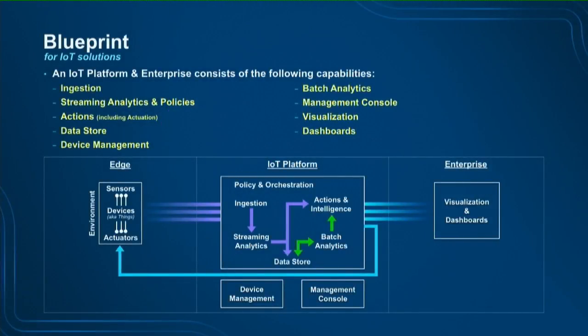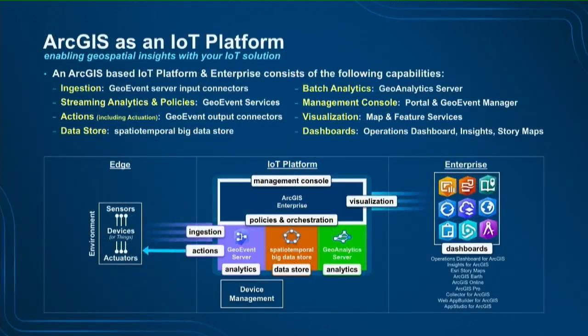And if you summarize this, there's 9 or so categories of capabilities that an IoT platform needs to bring to bear to call itself an IoT solution. And so if you map this to our ArcGIS platform, we actually do a pretty decent job to handle most of these capabilities. So from an ingestion perspective, we allow input connectors in GeoEvent Server to bring data in from a real-time perspective.